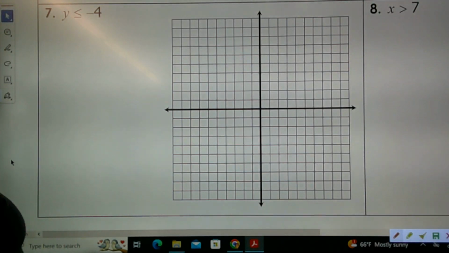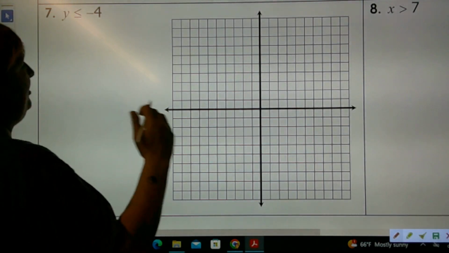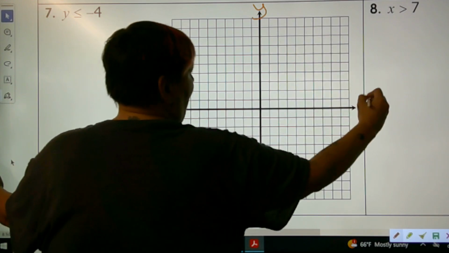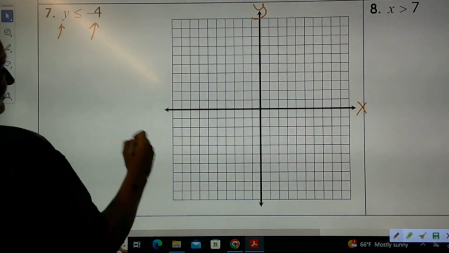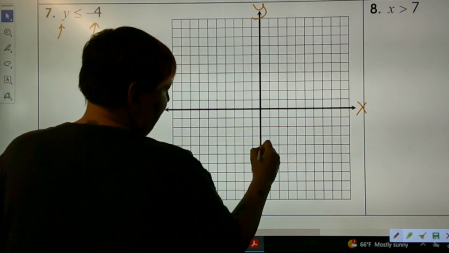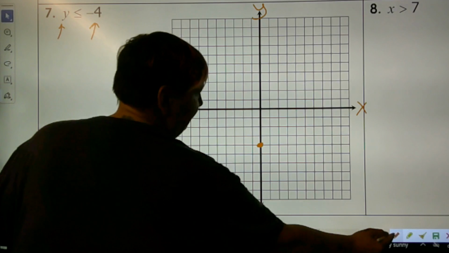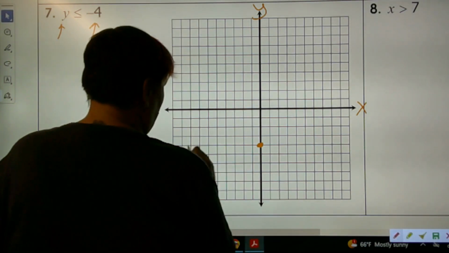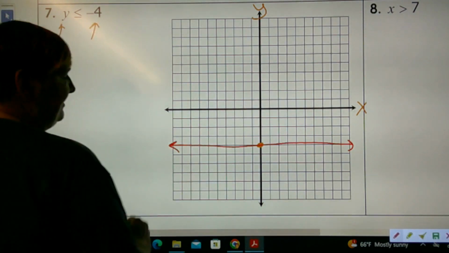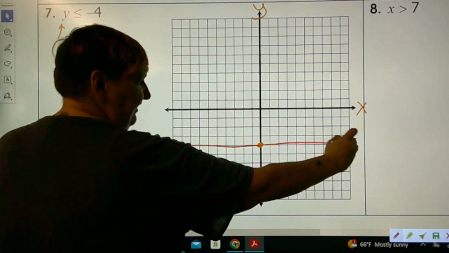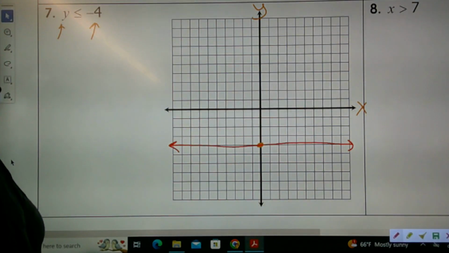Alright, x is less than or equal to -4. Alright, so we know how to graph this. On the x-axis, we put a point at -4. And then we draw a line. Because the point's on the x-axis, the line is vertical.